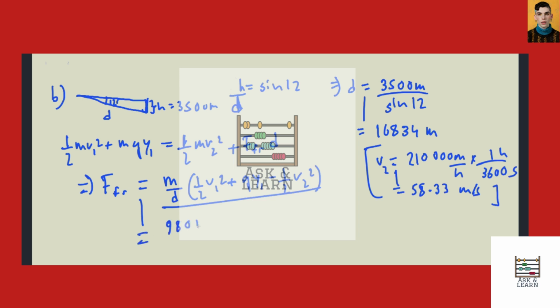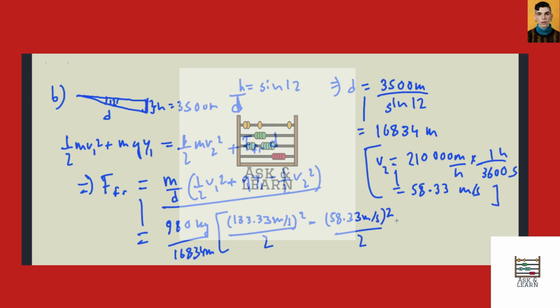We plug in mass, 980 kilograms, over d, which is 16,834 meters, times v1 squared over 2, 133.33 meters per second quantity squared over 2, minus 58.33 meters per second quantity squared over 2, plus 9.8 meters per second squared times 3,500 meters. Okay, and so all of this comes out to be, so the force of friction comes out to be 2,450 newtons. That's the end of the problem.